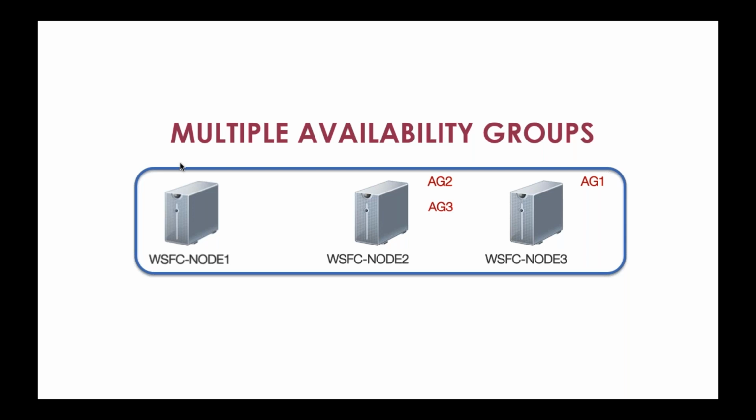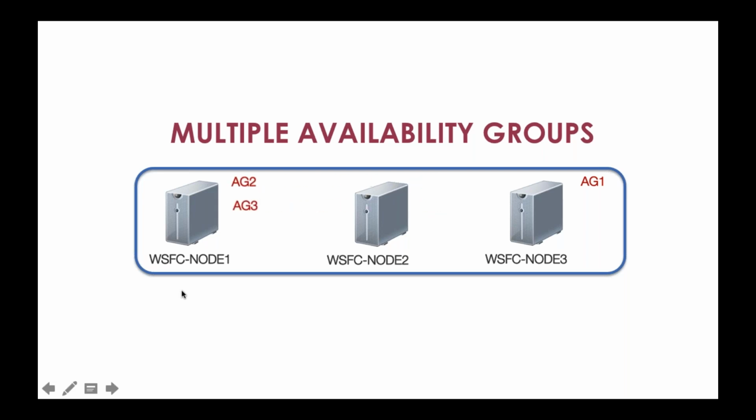So I can decide whether to move AG2 and AG3 to either node 1 or node 3, totally up to you. But in this case, I already have AG1 running on node 3, and it doesn't make sense for me to run multiple AGs on node 3 for resourcing and performance reasons. So I'll move AG2 and AG3 to node 1.